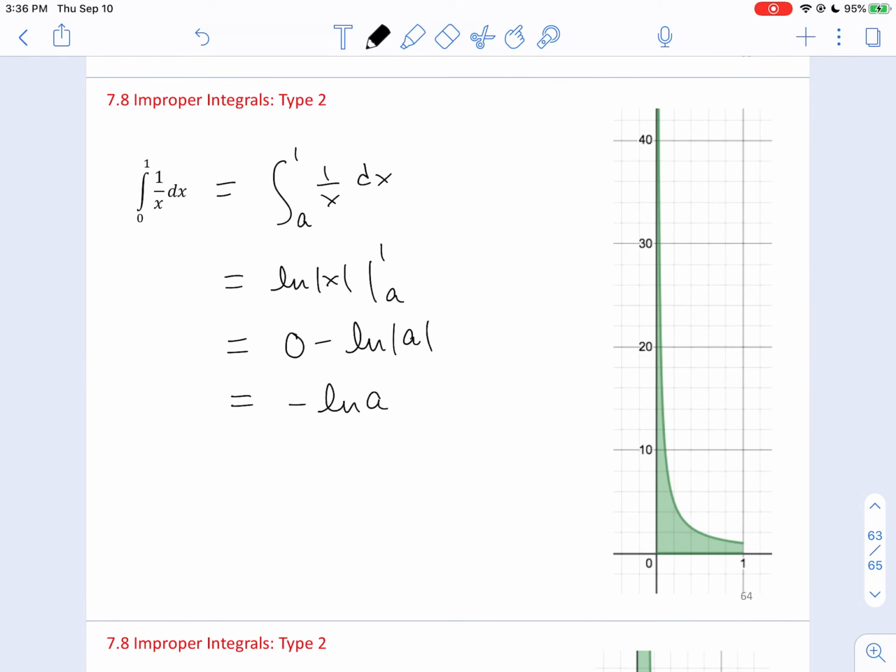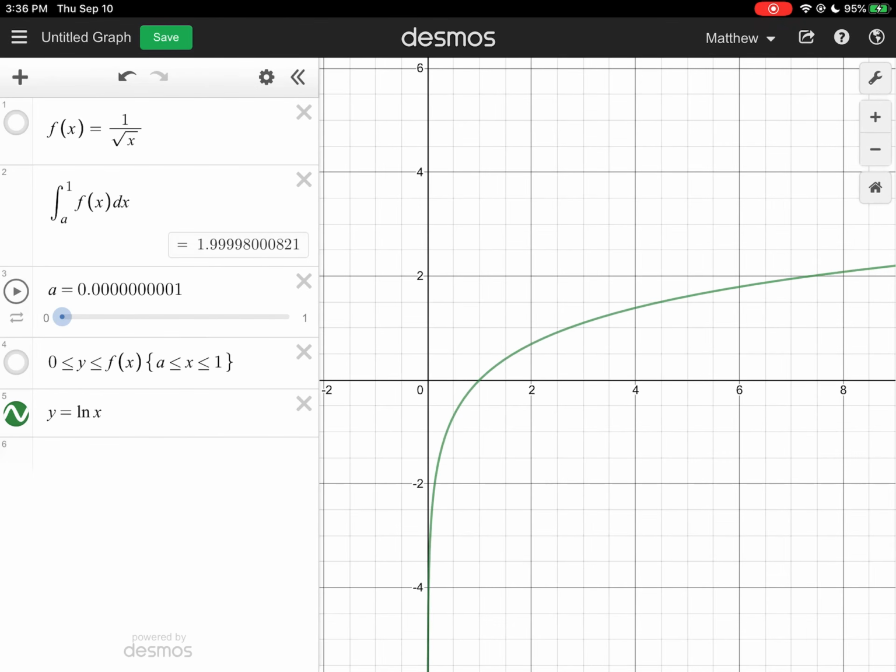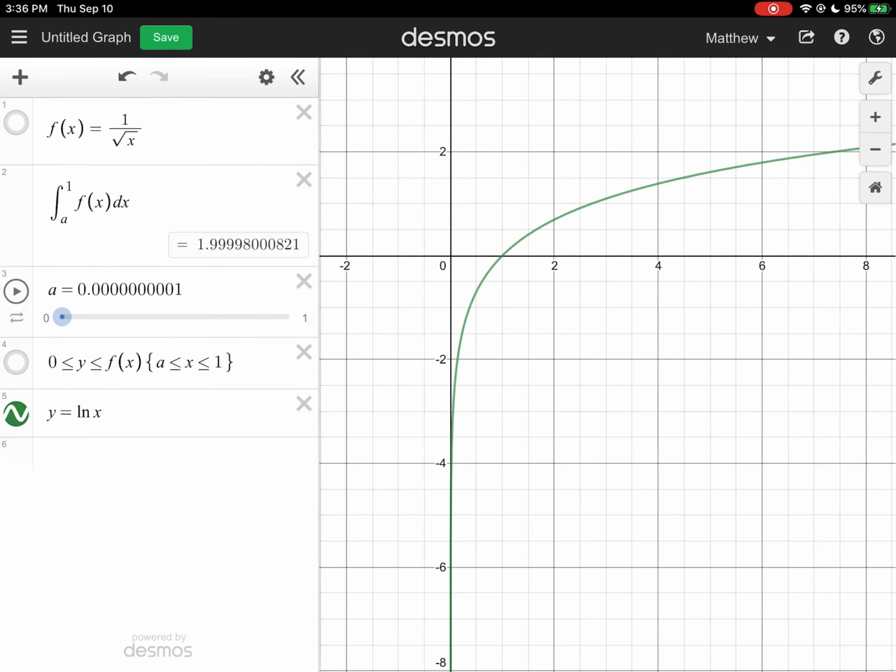And the question is, what happens to this expression as a approaches 0? Now, the graph of natural log of x does not have a horizontal asymptote. So as you go to the right, as x goes to infinity, y goes to infinity as well. But as x approaches 0, imagine points on the green graph going left. And as the x coordinates get closer to 0, the points on the graph go down to y coordinates of negative infinity.